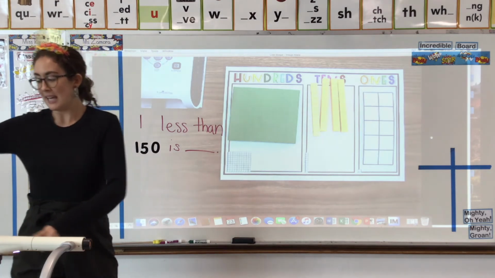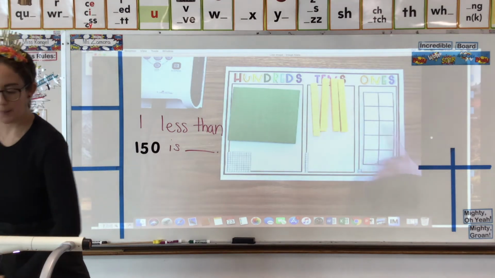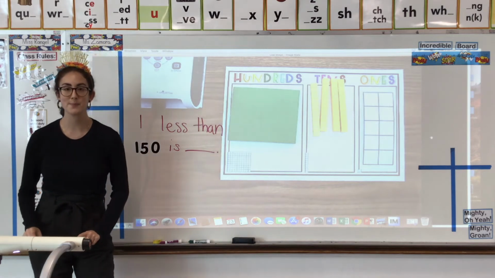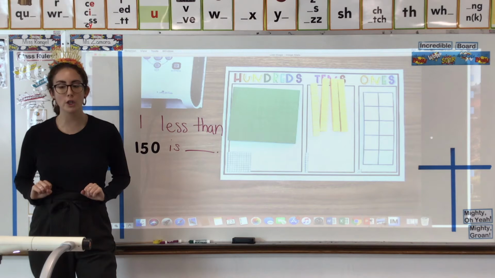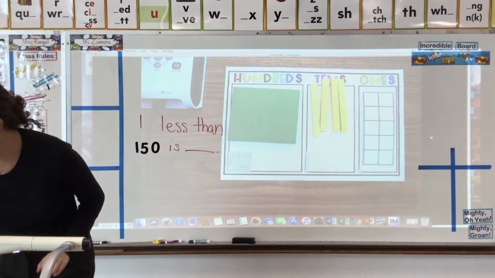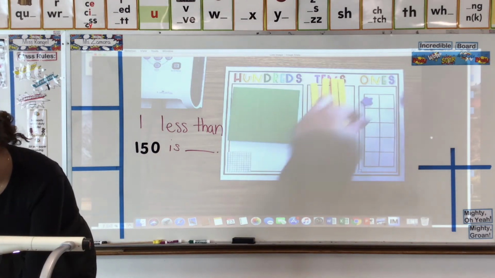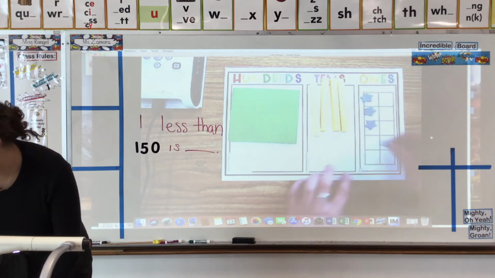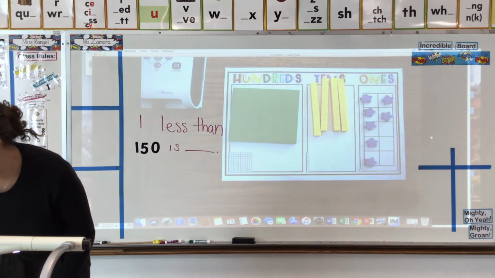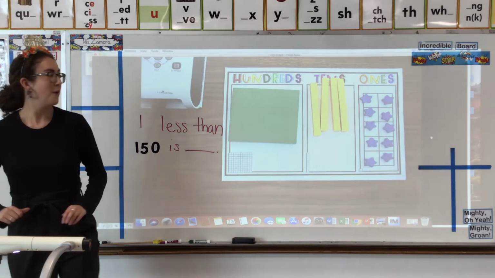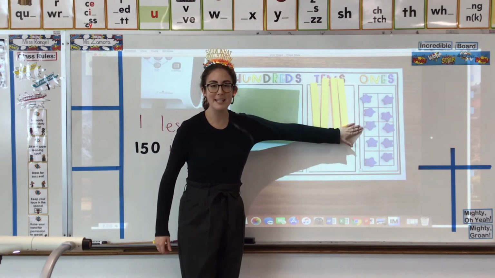1 ten equals how many ones of a smaller unit? 10 ones, 10 of a smaller unit. So can we show all of that? Those 10 ones that we just created by unbundling. Awesome. Show them all. We've got 10 ones.